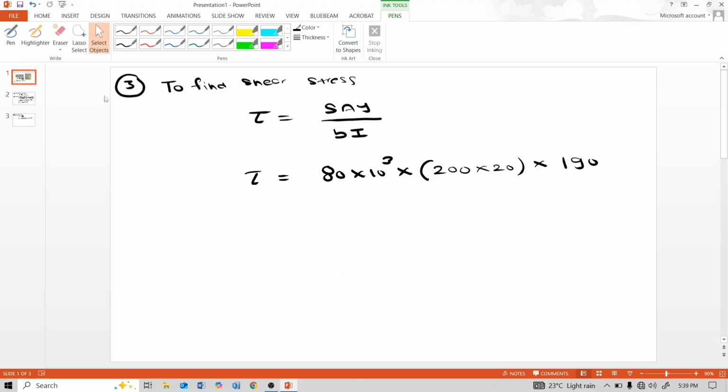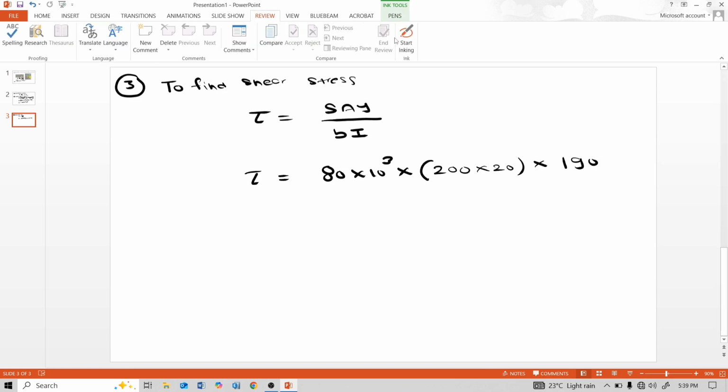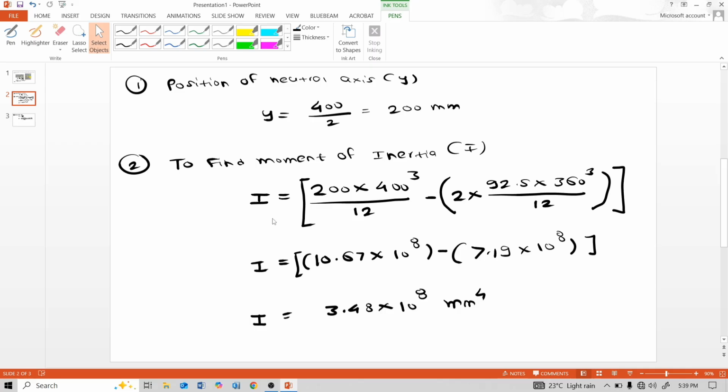Y is the distance of the flange portion's centroid above this junction from the original I section neutral axis, and divided by, put this B as it is, and multiply by I, 3.48 into 10 raised to 8.